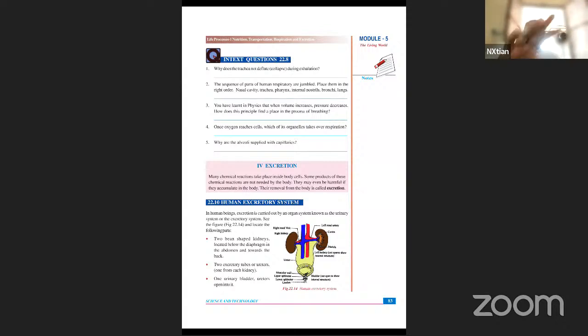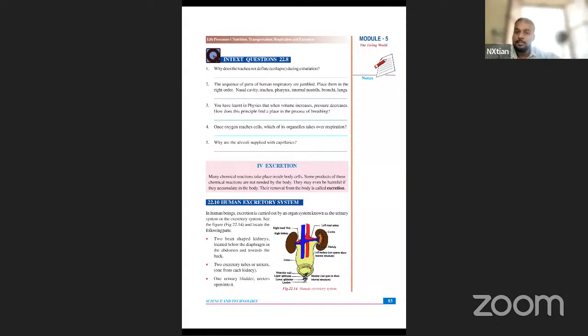In the blood, for example, the cells are using glucose, but some nitrogenous wastes like urea, creatinine, these types of things are also present in our blood, which may harm the cell. So for that, we have kidneys.